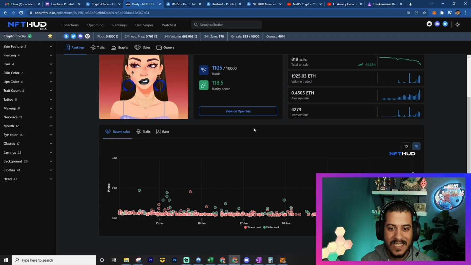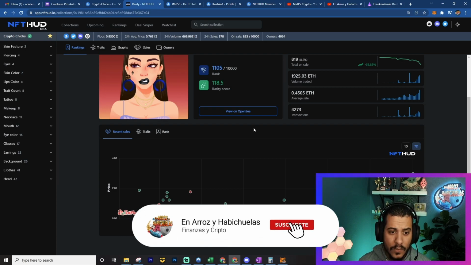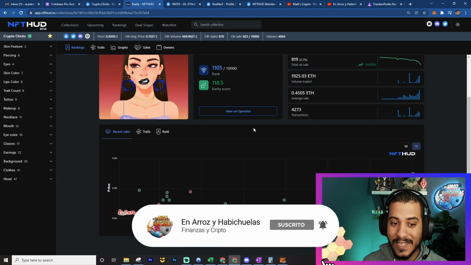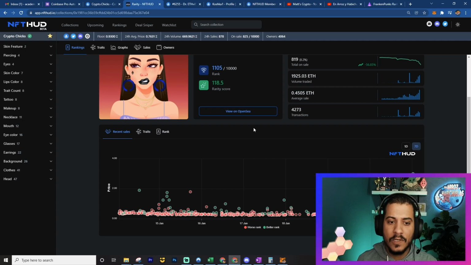So let's say I spent 0.06 in gas, and the crypto chick cost me 0.40. In total, the cost to get her from the owner's wallet to my wallet and list her on OpenSea was about 0.46, 0.47. So I gotta make at least 1 Ethereum to make twice the money I invested in this chick.